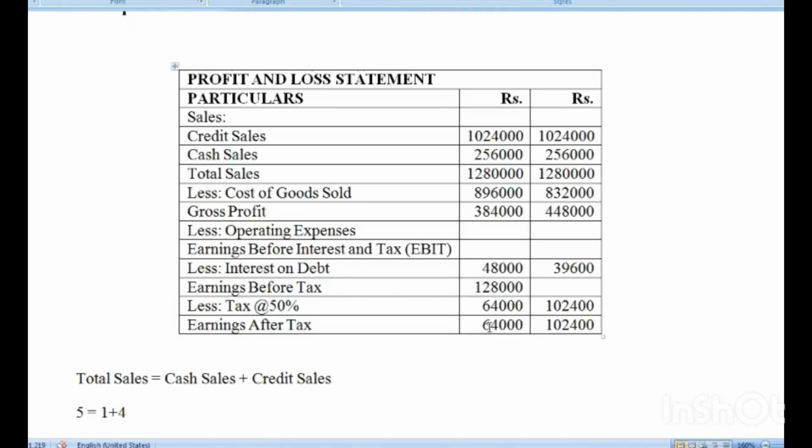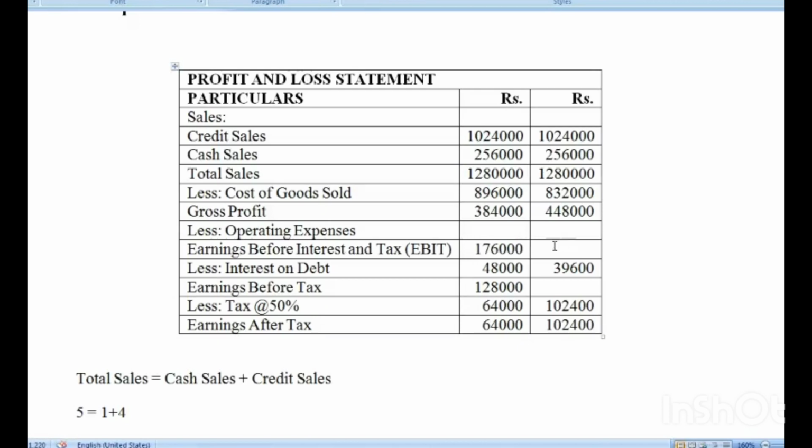If it is 1 lakh 28,000 and interest is 48,000, then what is the amount of EBIT? Add back: 128 plus 48,000 is 1 lakh 76,000.